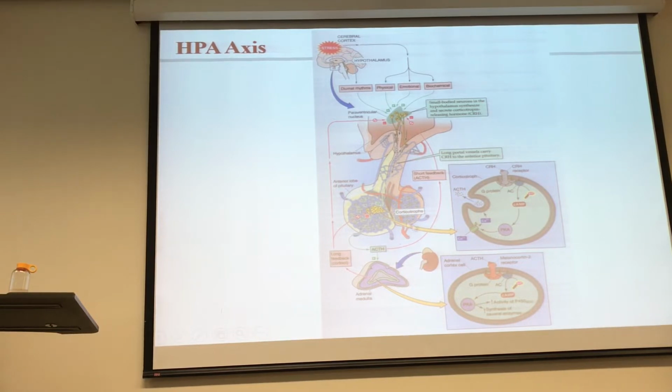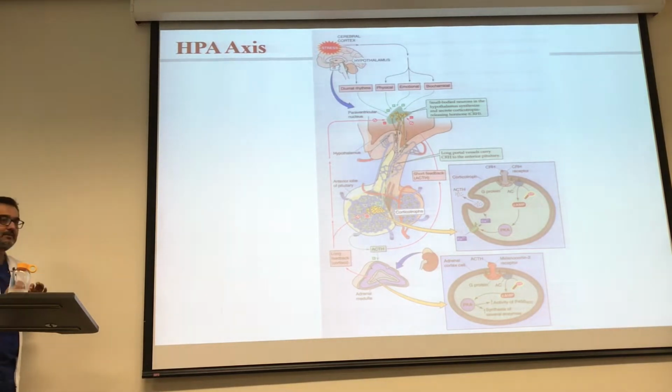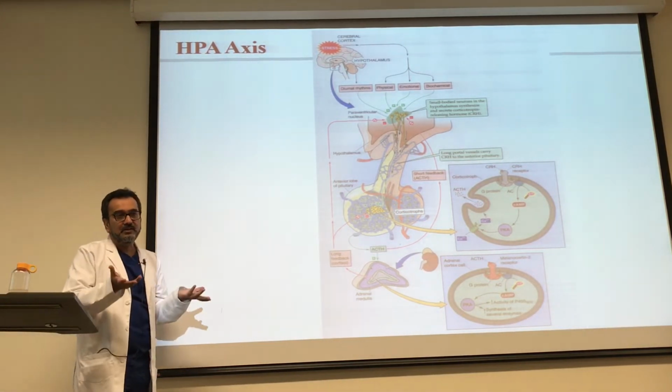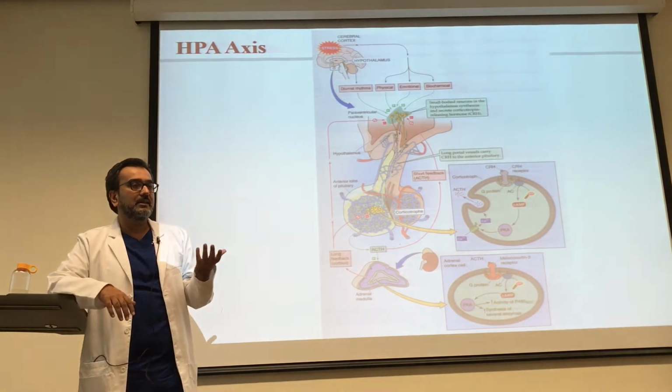And once the ACTH is released, it is going to act on the adrenal cortex. When the ACTH binds to its receptors, again you would have cyclic AMP activity, which results in protein kinase A activation of P450, which are the cytochrome enzymes within the mitochondria, and synthesis of several steroid generating enzymes within the adrenal cortex.